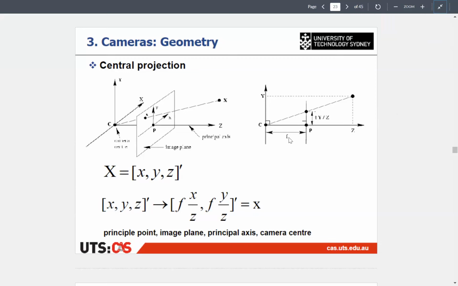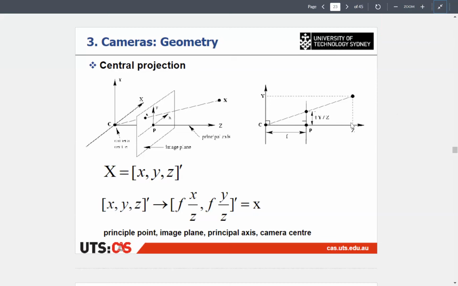In the large triangle, capital Y is the Y coordinate of the 3D feature, and capital Z is the Z coordinate of the 3D point.